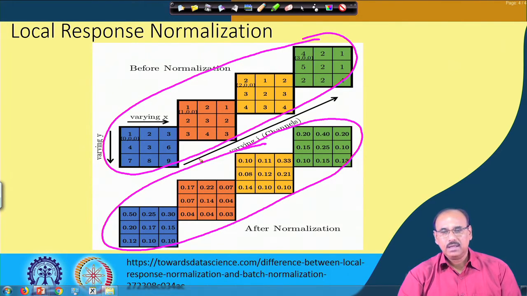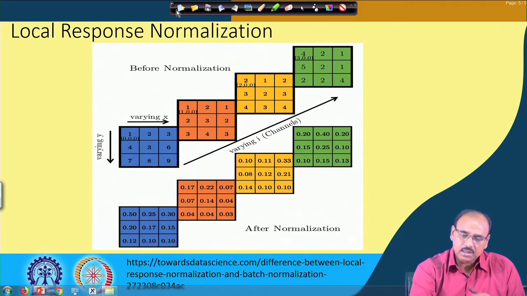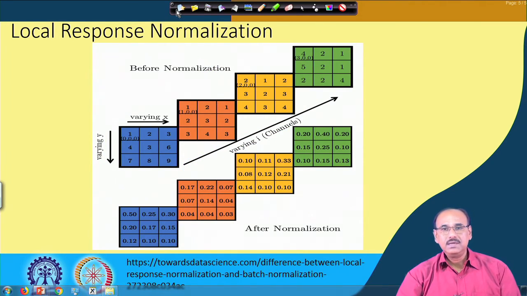Here you find that when you use this normalization, your output actually becomes bounded. In fact, every output after normalization becomes less than 1. So this is one type of normalization, inter-channel LRN, which can be used.